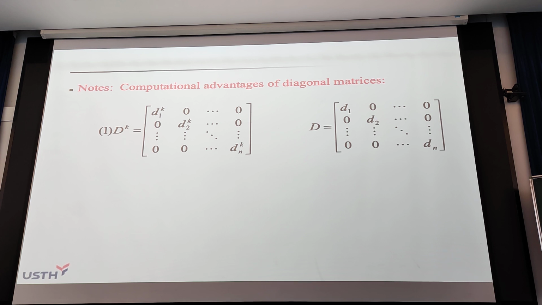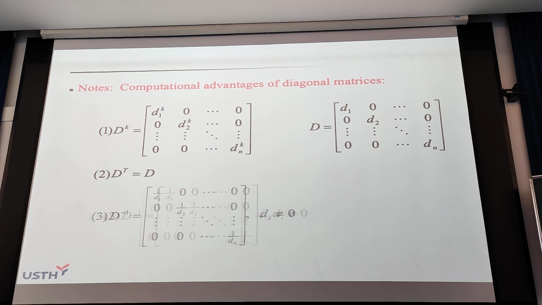That kind of exercise will appear in the next chapter. When we get to that, I will point it out to you. And with a diagonal matrix, the transpose is unchanged.